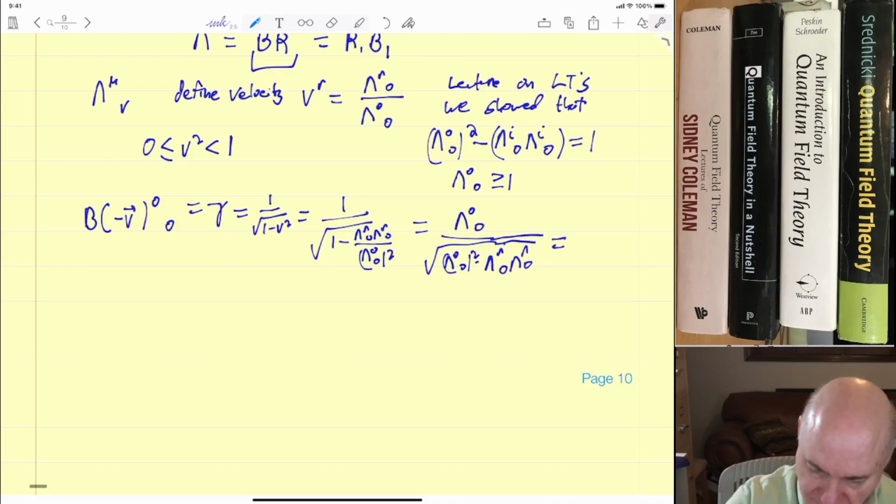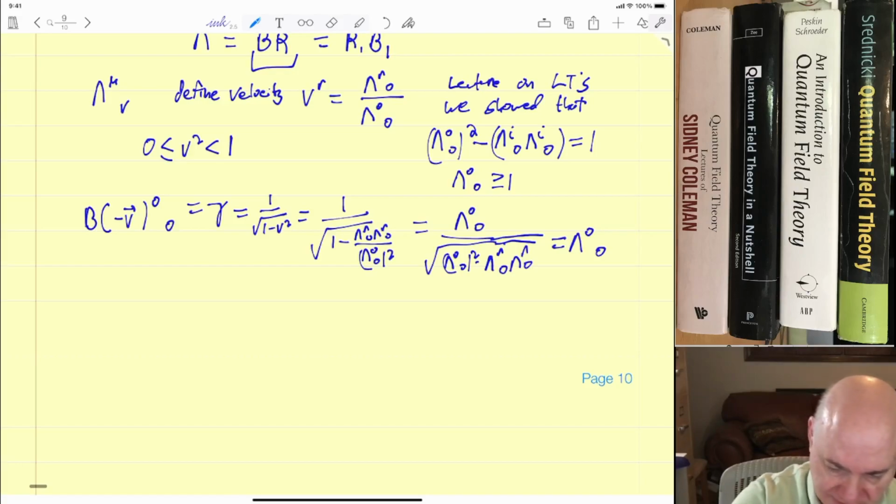And since this is equal to 1, it's just lambda 0 0. So what we've shown is that the lambda 0 0 component is equal to gamma in terms of the velocities when we define the velocities this way.